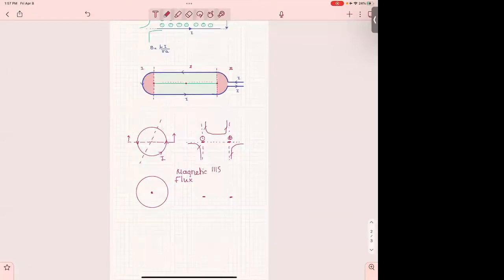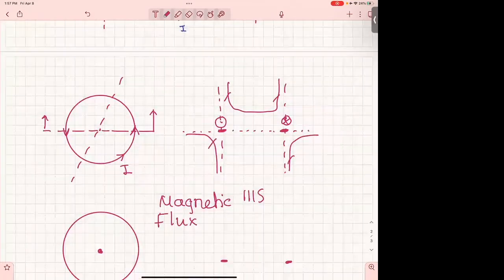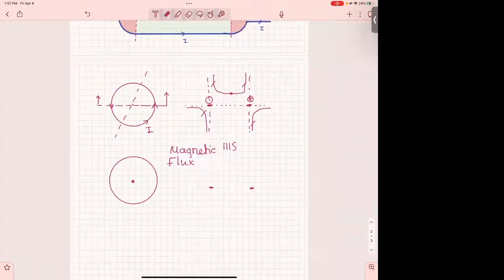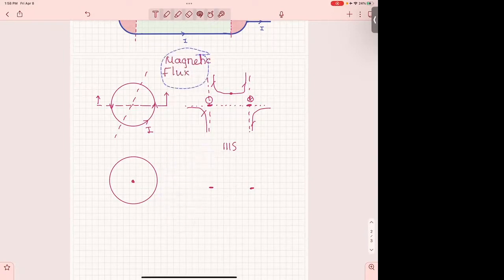For the flux only, the assumption we make is that we take this point here, we assume that this is constant. Practically, the assumption for magnetic flux is that approximately the magnetic flux density looks like this, where this is the value at the center.